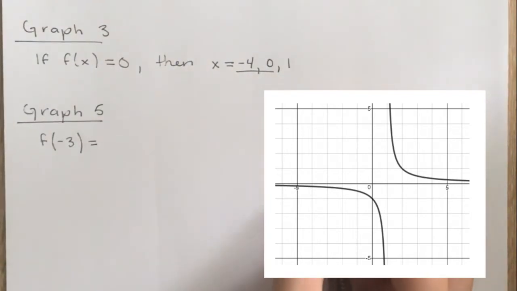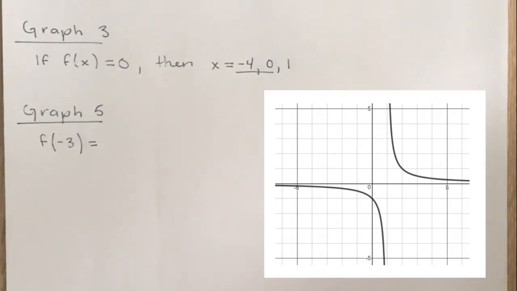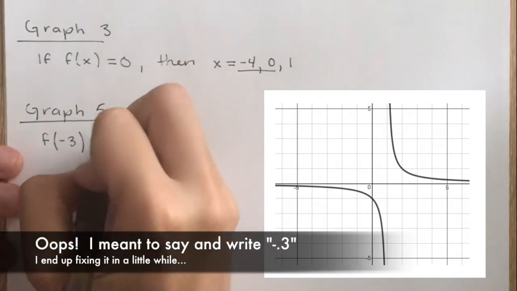We want to move along the x-axis 3 to the left, right? So 1, 2, 3 over. We look down. It's really kind of unclear exactly where that is. We can't be super sure, so we can just make our best guess. So I'm going to say that maybe that's like 0.3 down.